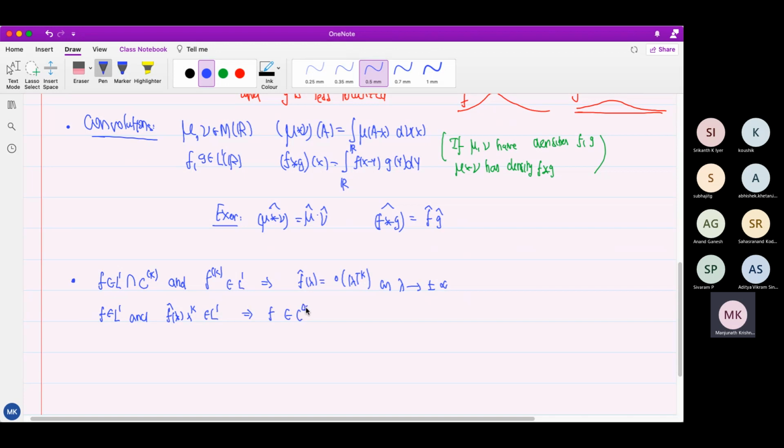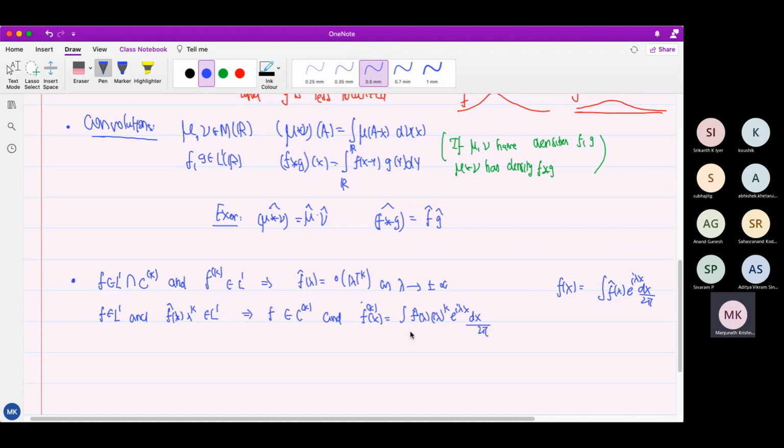Then f is in C^k, and in fact you can write f^(k) of x. You have the inversion formula, which is the integral of f hat of lambda e to the i lambda x d lambda over 2 pi. You just differentiate under that k times: the integral of f hat of lambda times i lambda to the power k, e to the i lambda x d lambda over 2 pi.